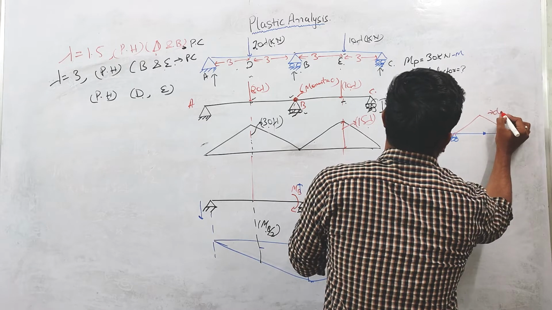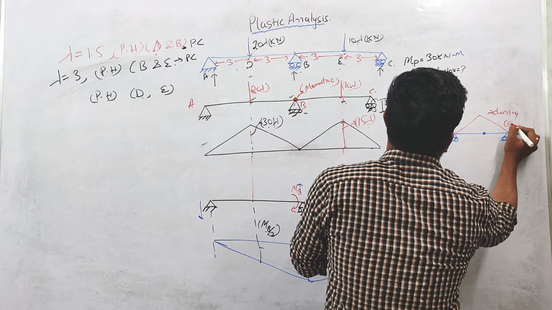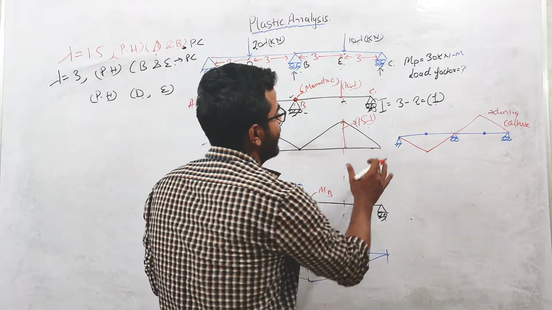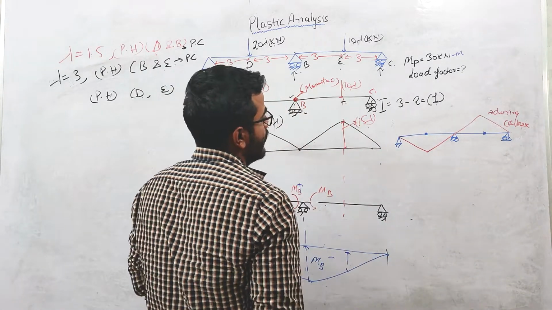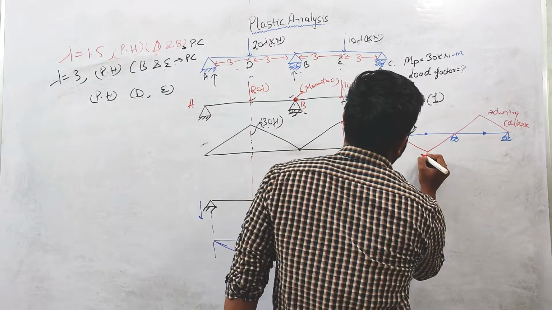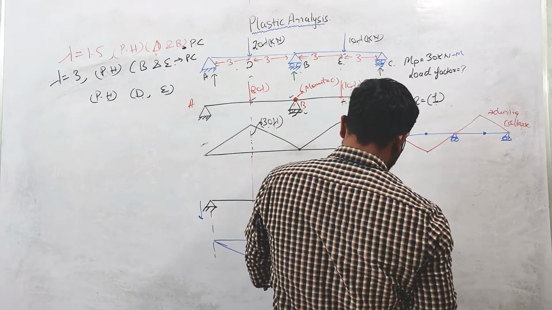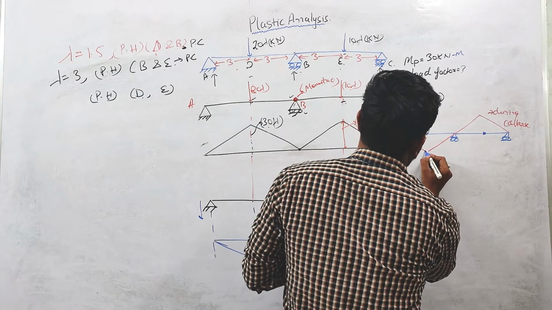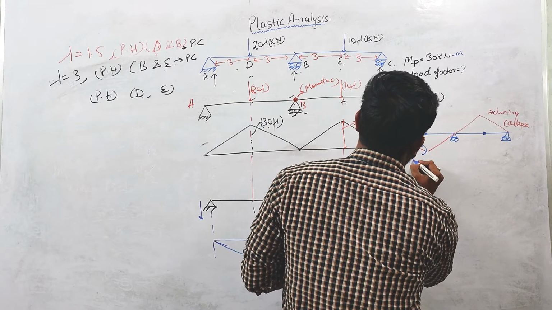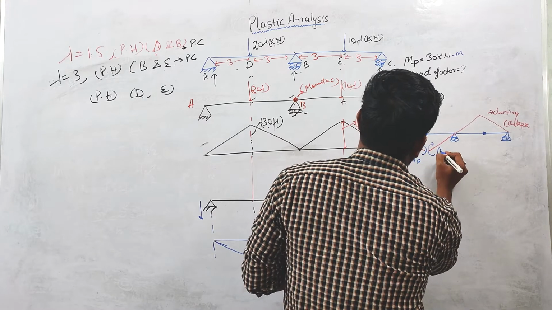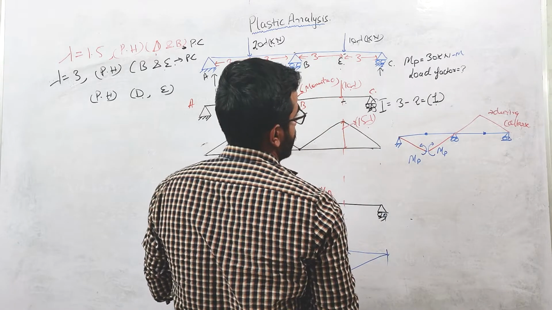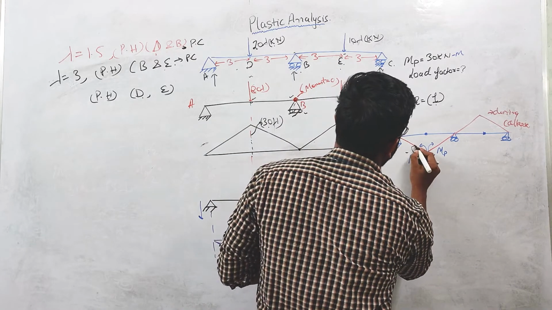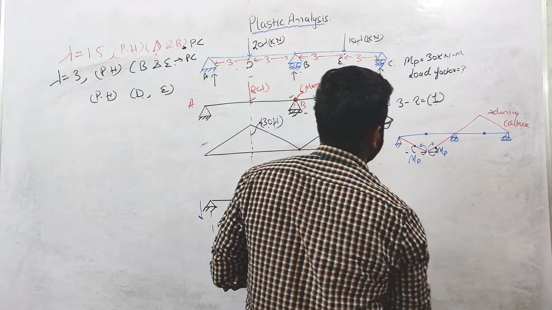For the collapse, the deflection will be a straight line. Now you can see that here the direction of the movement of MP will be like this. The direction of rotation is like this, so MP will be opposite to this rotation direction.